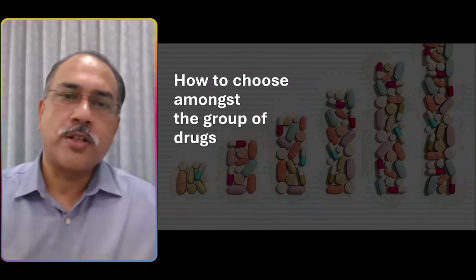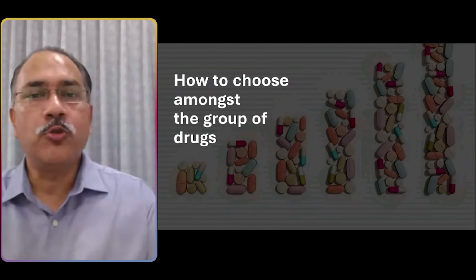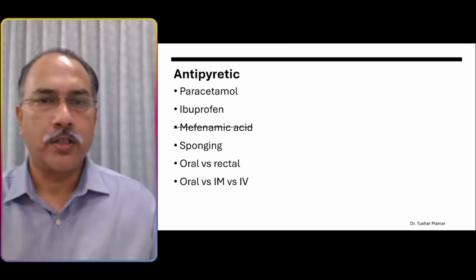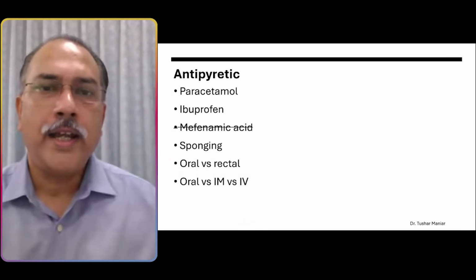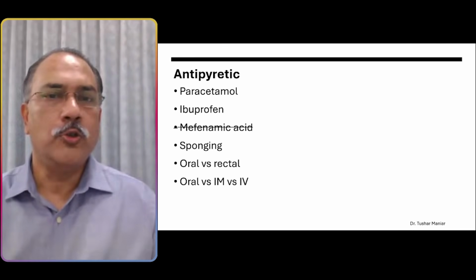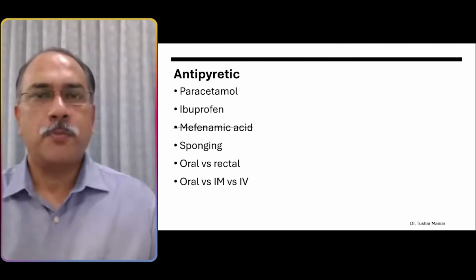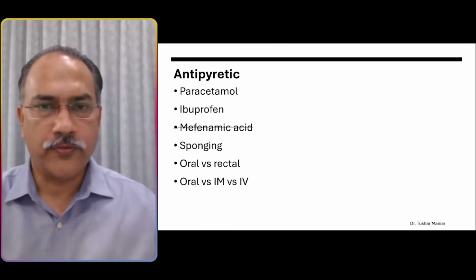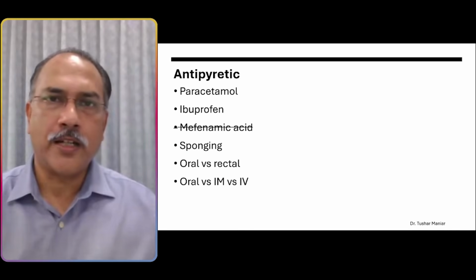Now we have touched upon how to choose a brand, but suppose you have to choose a drug amongst a group of drugs. How do we go about it? So let's quickly look at that. Antipyretic. Suppose you want to control fever. Use paracetamol as much as possible. Use ibuprofen when paracetamol is not enough. Do not use mefenamic acid.